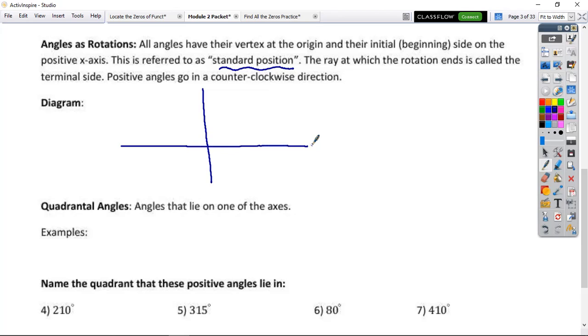So this up here is quadrant 1. Over here is going to be quadrant 2. Below is going to be quadrant 3. And then lastly is going to be quadrant 4. And unless otherwise stated, your angles that are positive are always going to rotate counterclockwise.